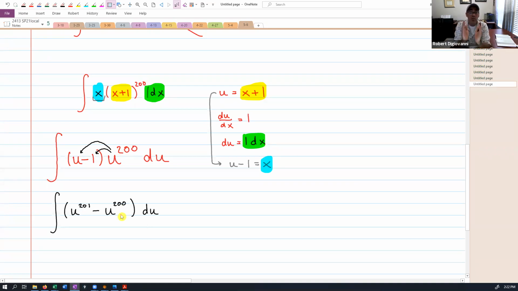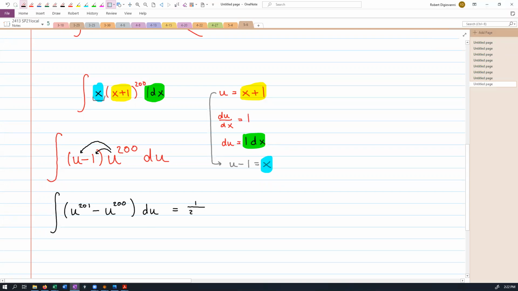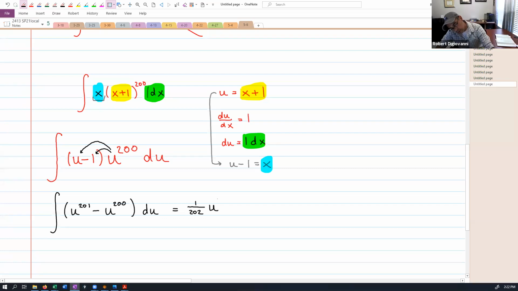Now I've got two terms separated by subtraction, powers on both of them, power rule. So the antiderivative, no more integral sign, is going to be 1 over 202 u to the 202 minus 1 over 201 u to the 201 plus c.